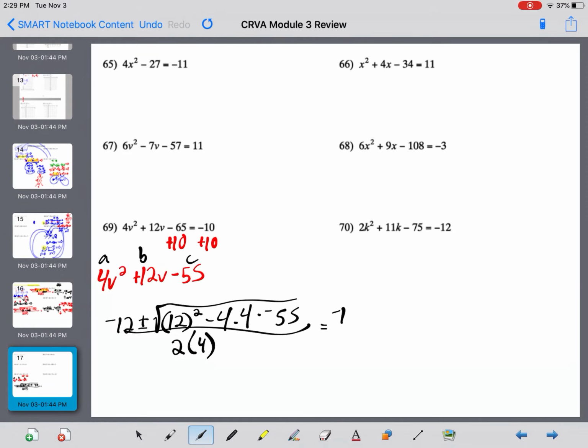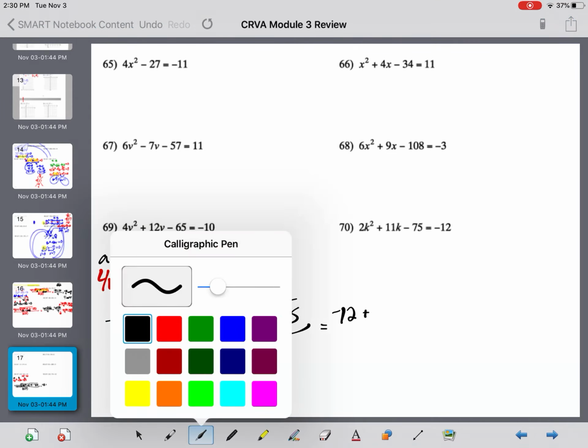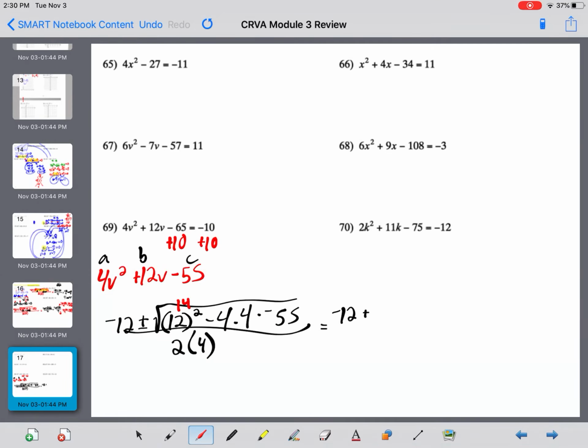Alrighty, let's simplify this. So inside that radical, we get 144, and then again, you're going to have a negative times a negative. 220 times 8 would be 880. So that's the square root of 1024, all over 8.